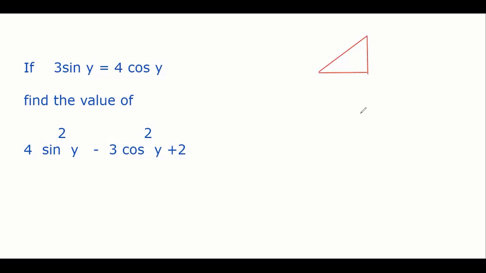But how do you know which is hypotenuse, which is perpendicular? Sir, when you convert this first equation and take cos across, it becomes sin y by cos y equal to 4 by 3, correct? You just reverse it.